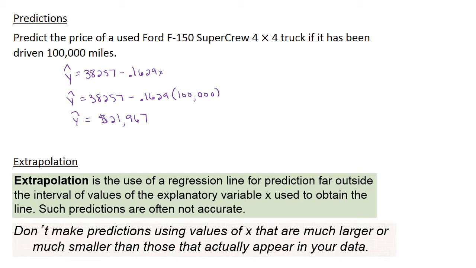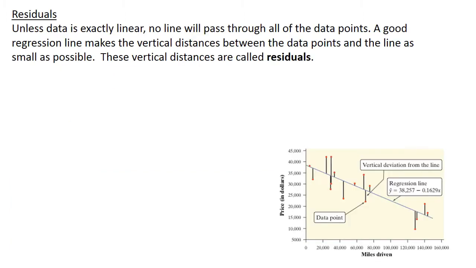For example, maybe I don't want to try to predict the value of the car if it's been driven, say, 250,000 miles. This particular regression line may not be accurate for predicting that far outside our range of values of x.